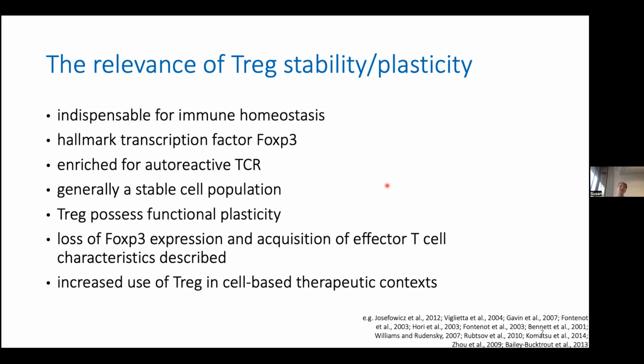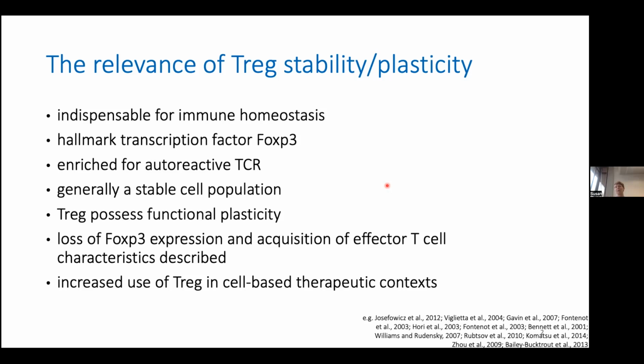Treg are then generally assumed to be a stable cell population, and that is mostly based on their epigenetic profile. Regulatory T cells need to possess a particular epigenetic landscape to allow this stability.